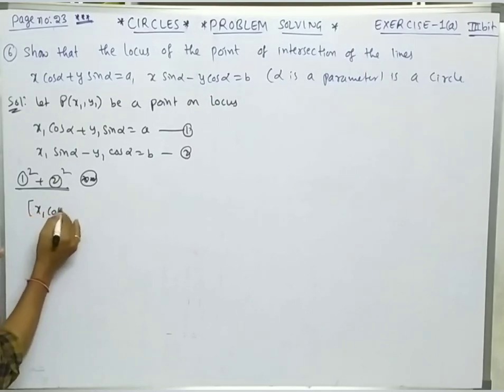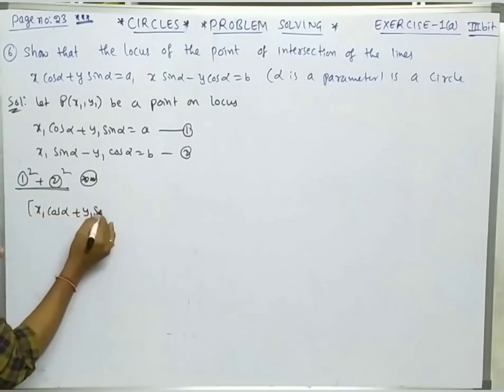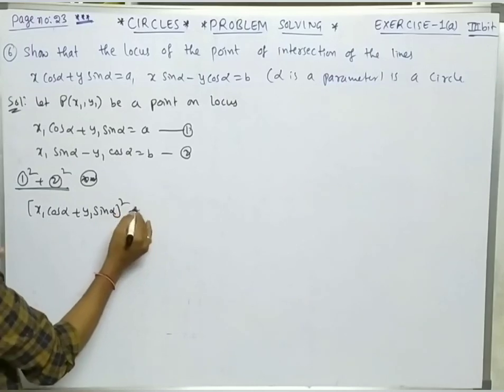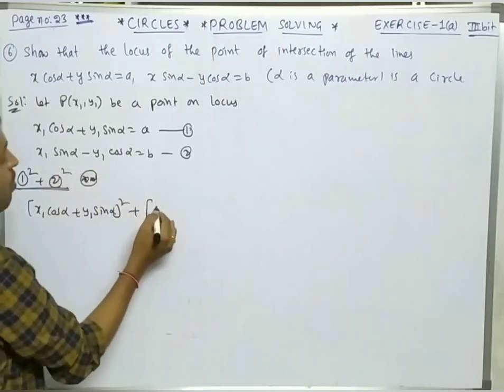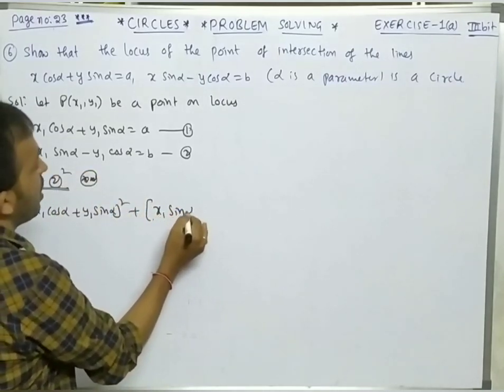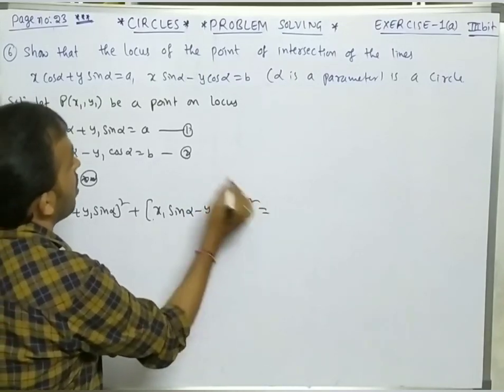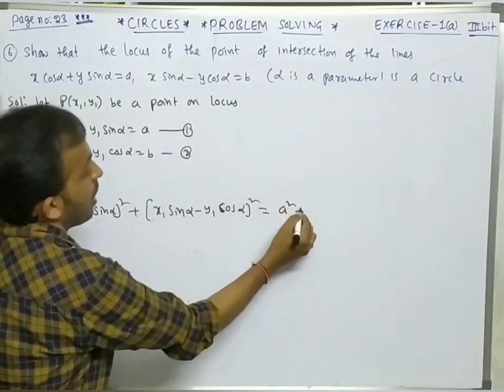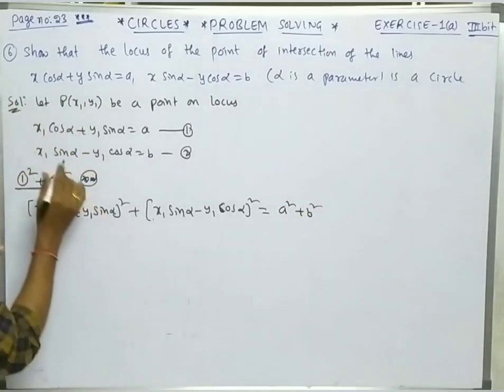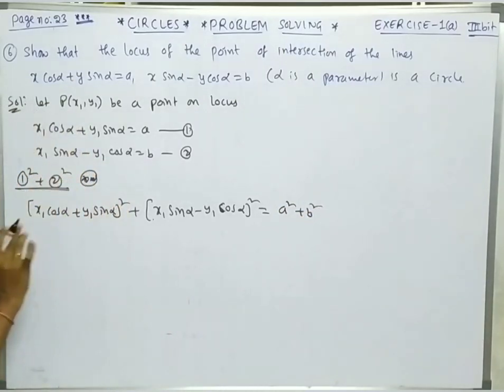1 square means (x1 cos alpha + y1 sin alpha) whole square, plus 2 square means (x1 sin alpha - y1 cos alpha) whole square. On the right hand side we have a square plus b square, just squaring and adding, that's it.